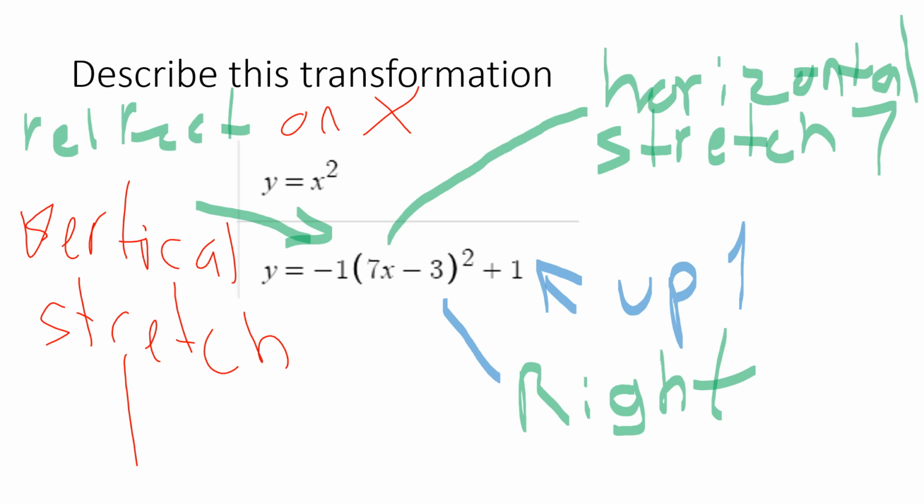Now we could describe this going from K all the way up to A. So K is up by 1, H is right by 3. Alright? And then the 7X will be stretches horizontally by 7. And then the A in front being -1 reflects on X, but vertical stretches by 1. And that's how you do quadratic transformations.